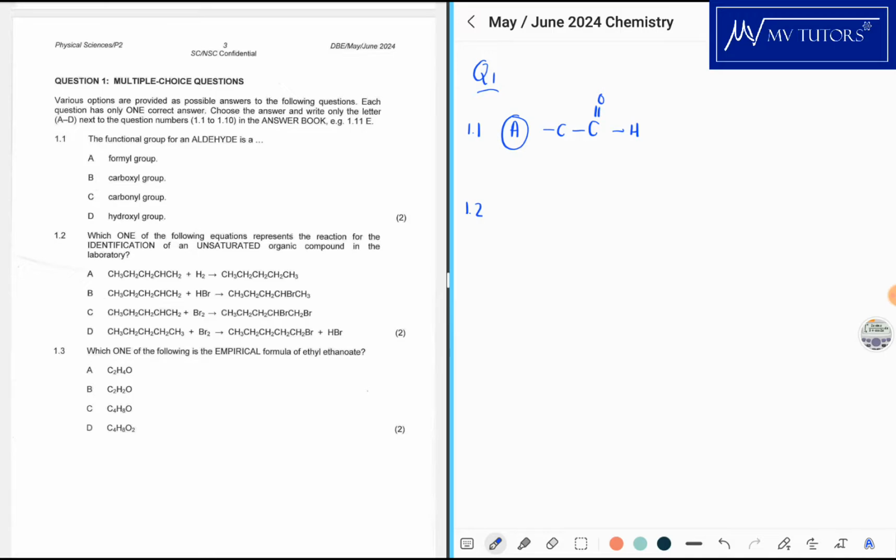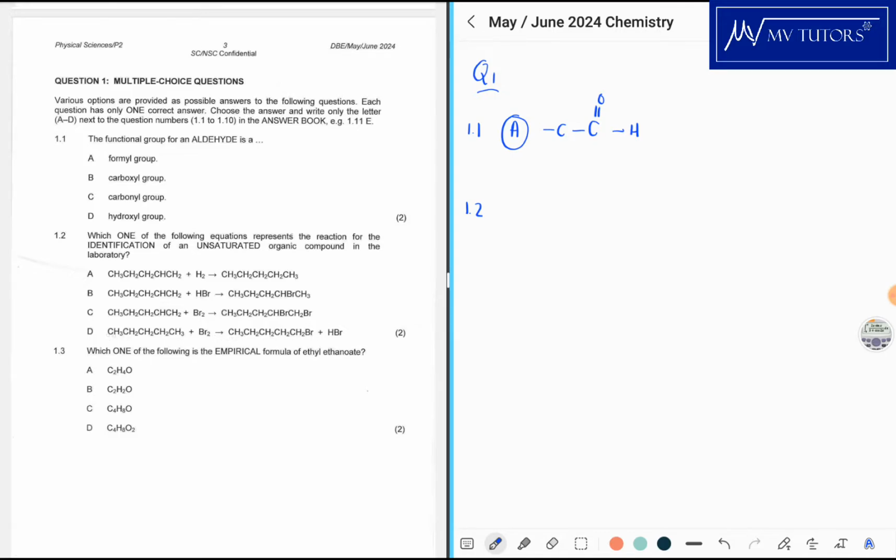Secondly, we have an addition reaction again, which is hydrohalogenation. Thirdly, again, we have an alkene, addition reaction with bromine, bromination or halogenation. And then finally, we have an alkane, but this time with bromine. So this is a substitution reaction. Okay, and then we have our results there.